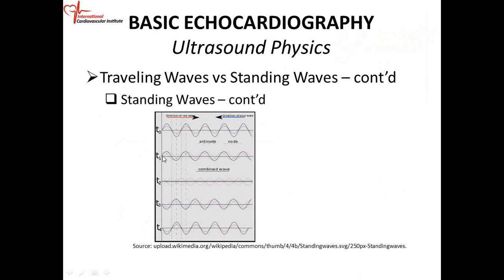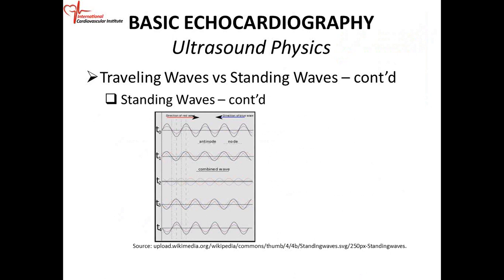Again, you have your incident wave traveling in that direction, and the reflected wave traveling in the opposite direction. If the waves interfere, then you get a pattern looking like this. This pattern is what we call a standing wave.